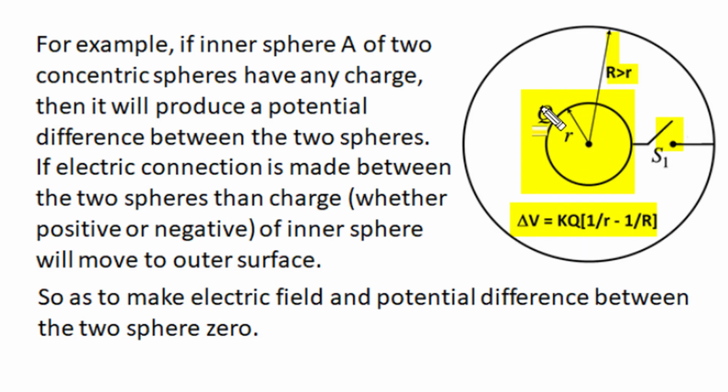So this capital Q charge on the inner sphere should move to the outer sphere in all conditions so as to produce zero potential difference between the two spherical surfaces, and in zero charge condition there won't be any internal electric field or potential difference between the two spheres, and in all conditions charge will remain only on the outer surface of the conductor body.